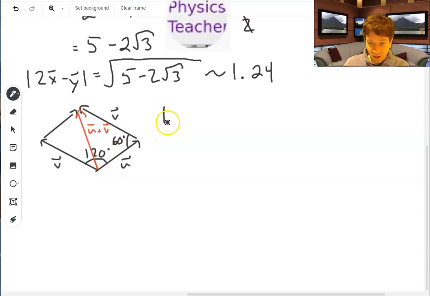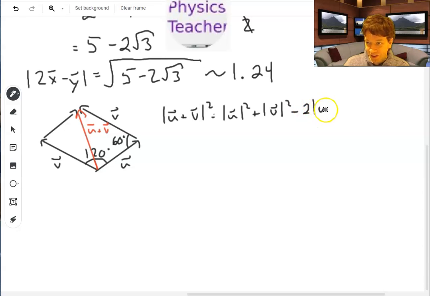So I can certainly solve for the magnitude using the cosine law. So the magnitude of U plus V squared equals the magnitude of U squared plus the magnitude of V squared minus 2 times the magnitude of U times the magnitude of V times the cos of theta.